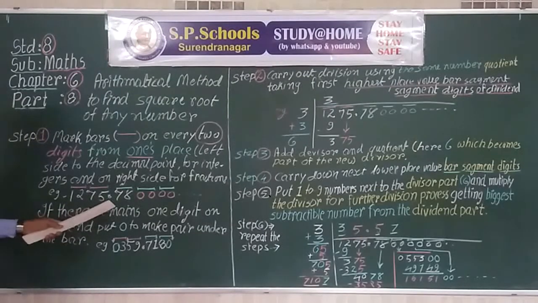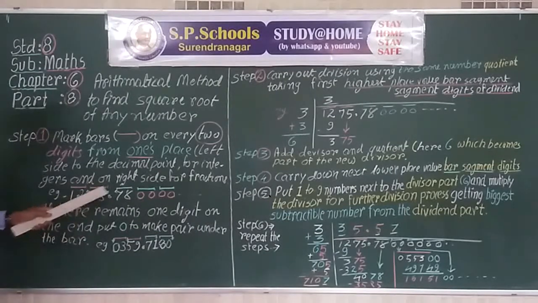Now from the decimal point, here is the ones digit, tens digit, hundreds digit, thousands digit, like that. So from the decimal point, starting from one's place, you go on making parts of 2 digits, putting a bar. Ones and tens, hundreds and thousands, like that.